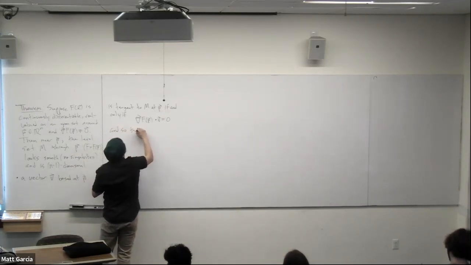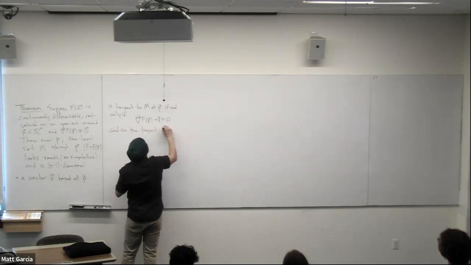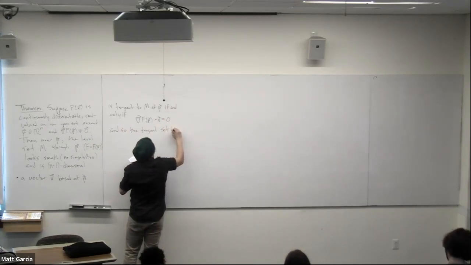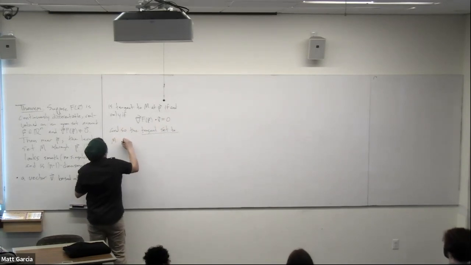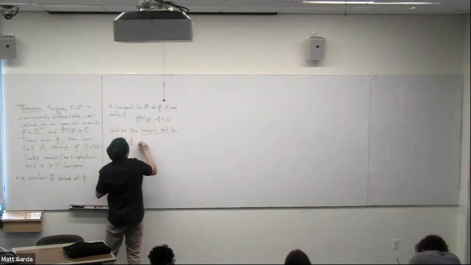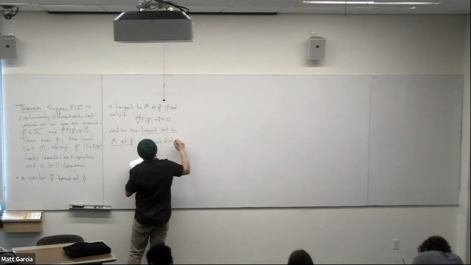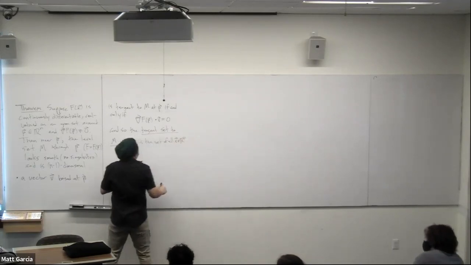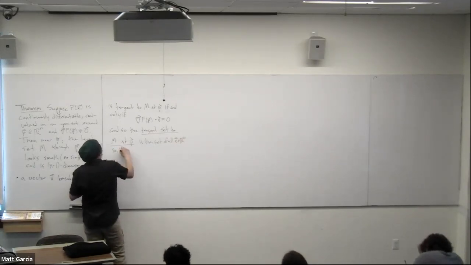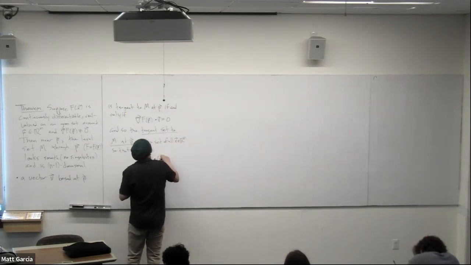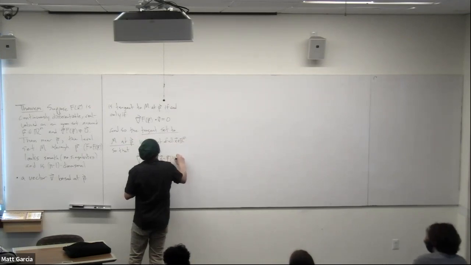So the tangent set to m at p is the set of all vectors x in Rn, so that the gradient of f evaluated at p hat dot x hat minus p hat is equal to 0.